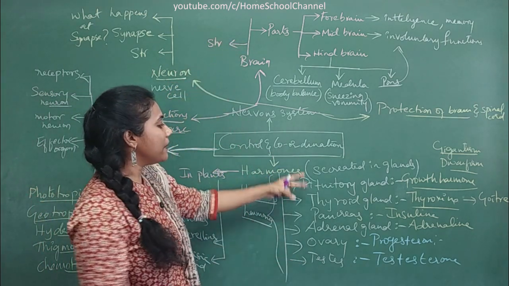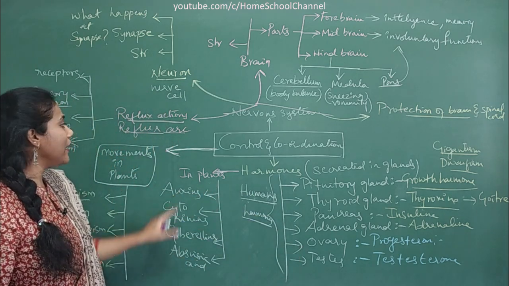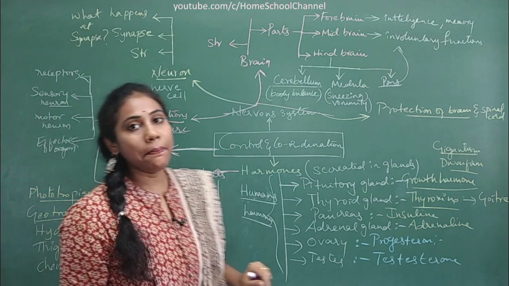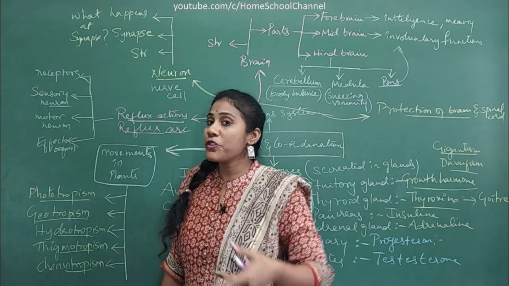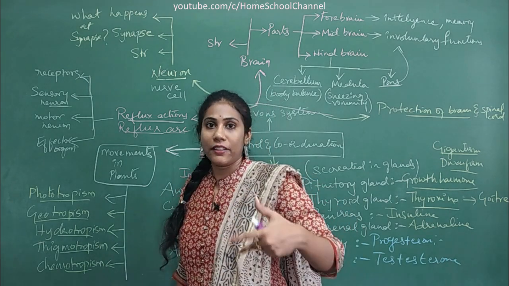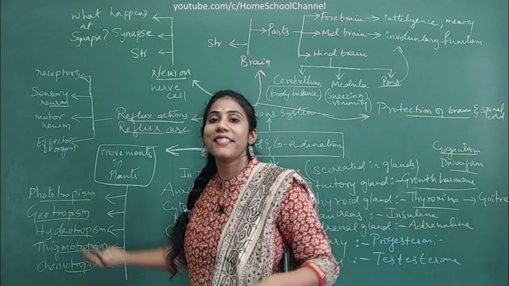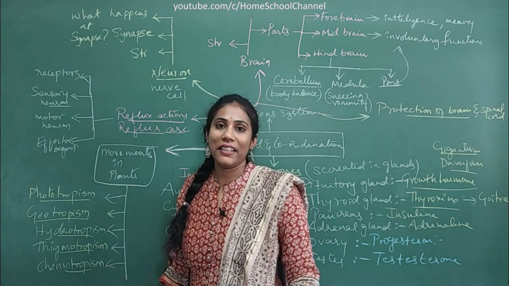The other part of the chapter is about hormones. Hormones in humans, hormones in plants. And finally, we have movements in plants. So different types of movements, and definitely which is positively phototropic or negatively geotropic, all that. Which part is positive, which part is negative to a particular movement, all that you should have an idea about.